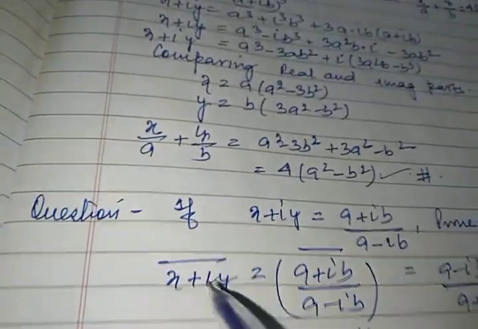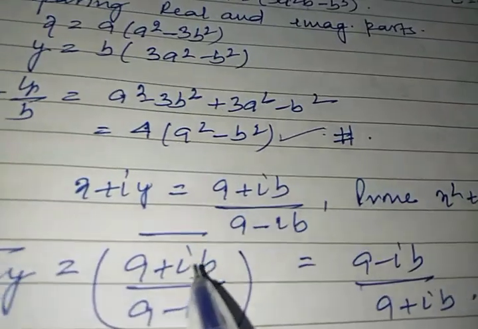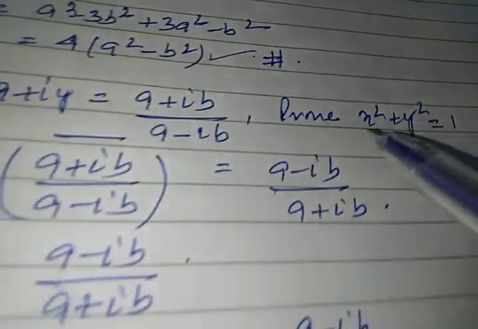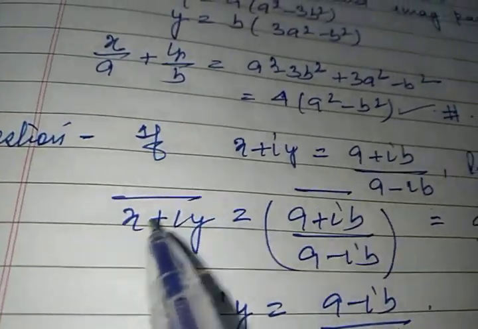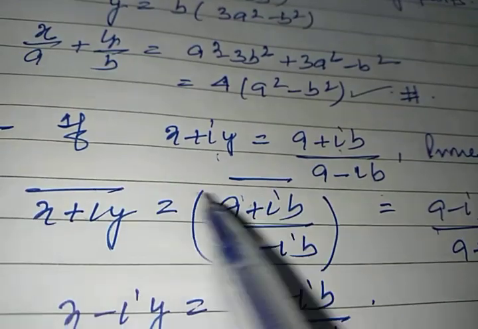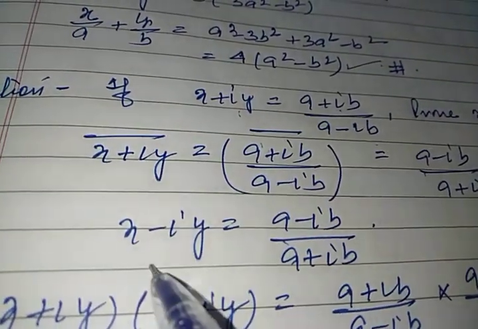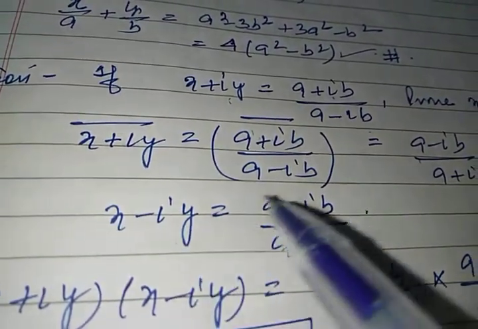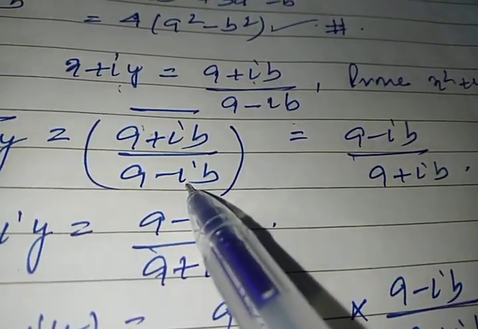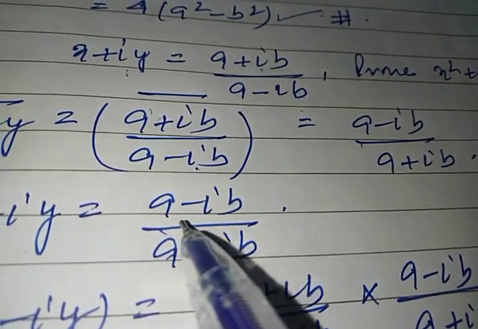Okay. Now the next question is: if x plus iy is equal to (a plus ib) upon (a minus ib), prove that x square plus y square is equal to 1. Now since this is given, I am taking the conjugate of both sides. So this will be, as usual, conjugate x minus iy, and this will be the conjugate of the numerator upon the conjugate of the denominator by property.